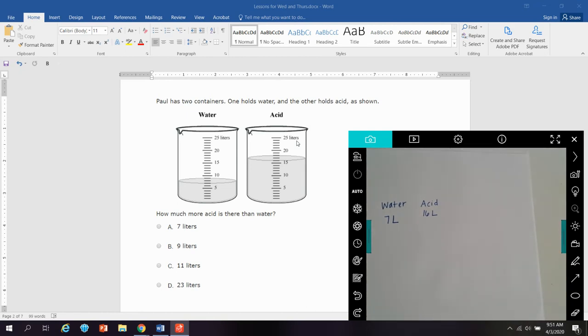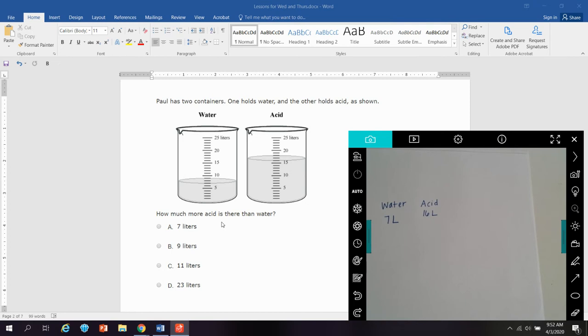Now that I know how much is in each container, I can go to my question. My question says, how much more acid is there than water? Anytime a question asks me how much more, it is asking me to find the difference. When I find the difference, I know I need to subtract.